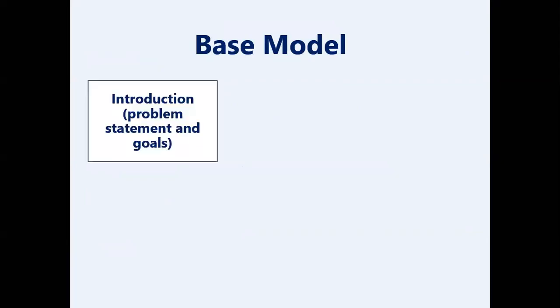Now, last thing for the day, what is the base model or what are the criteria when you consider a research? First, it has an introduction, because in the introduction you will state the problem, you will state a statement, you will state a goal, or you will state a purpose. So introduction is very important.